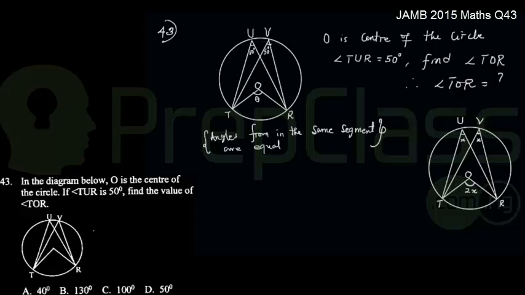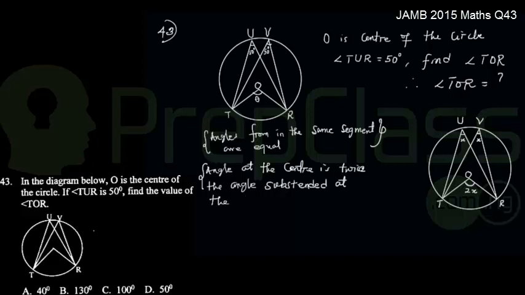So we need to recognize this important principle, that the angle at the center is twice the angle subtended at the circumference.